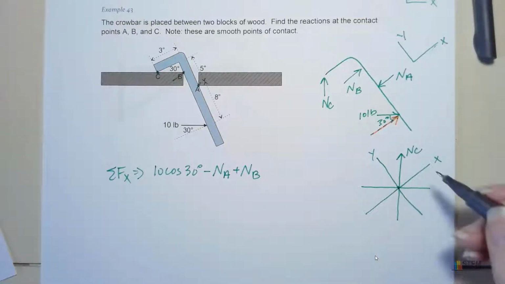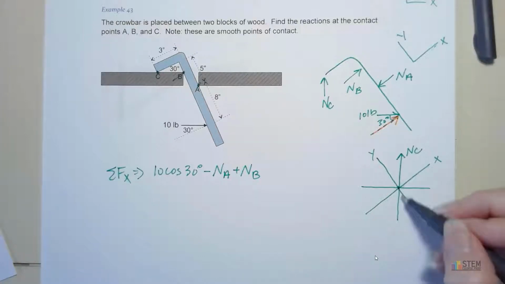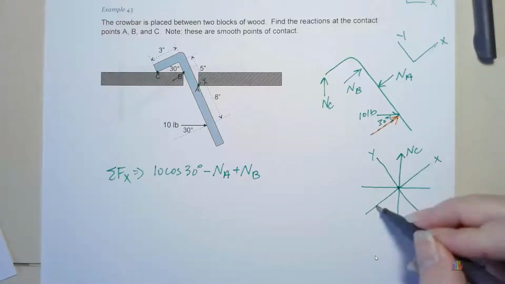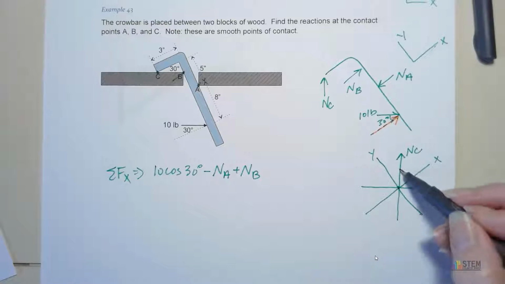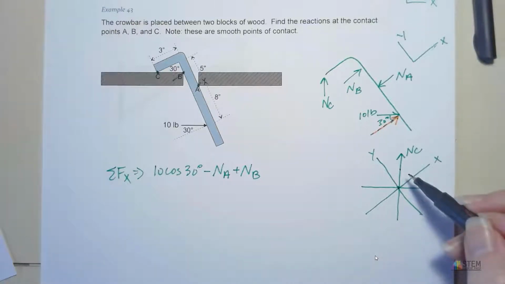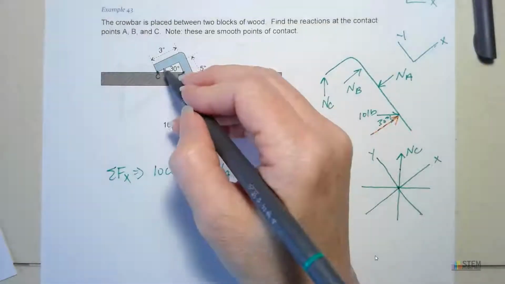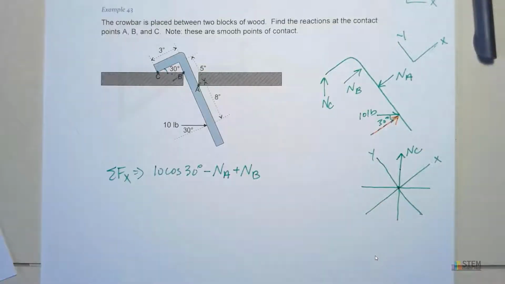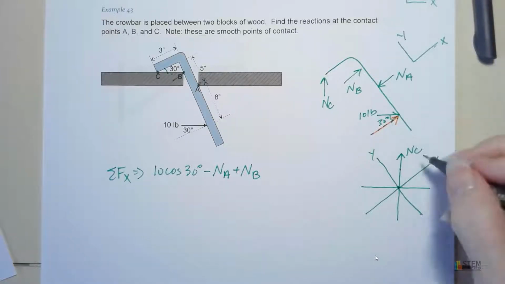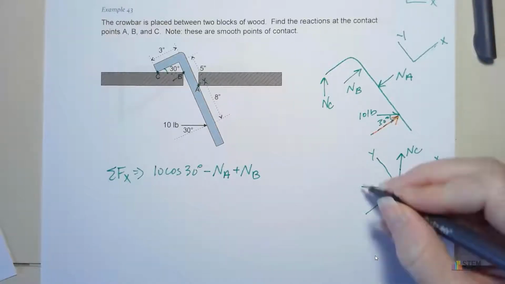Okay, so we've got the regular XY system that we always have, and then we have this new one. We've got our force here. Now we need to look at the angles. Notice this is 30 degrees right here. If that is 30 degrees, find the matching angle on this diagram.